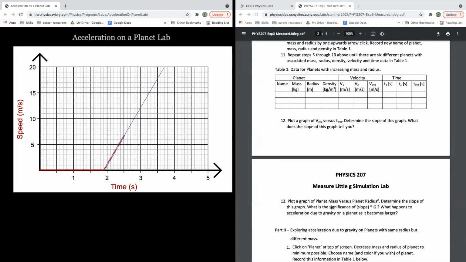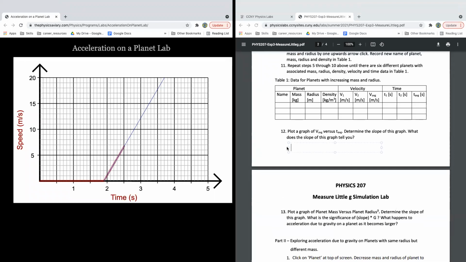And then you plot a graph applying the mass versus applying the radius. Determine the slope of this graph. Let me write down something. Actually, I read here, but it's the answer for question 13. So we know later g equals the gravitation constant times m Earth over r square, right?